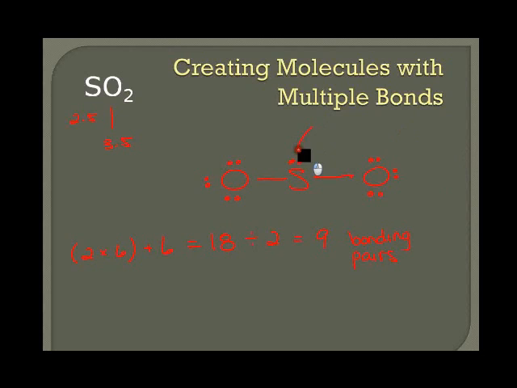However, sulfur only has 6 valence electrons. So we need to create a double bond. We take a pair from oxygen and create a double bond. Now you may ask, what if I didn't want to use that oxygen?